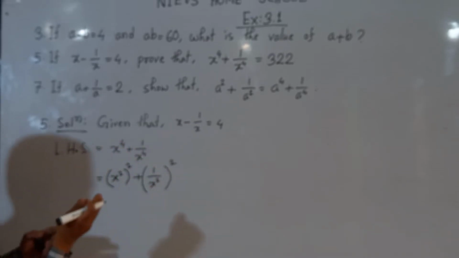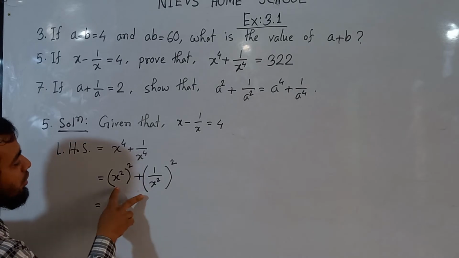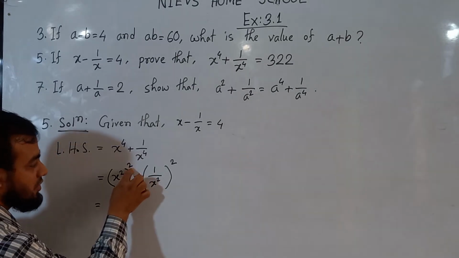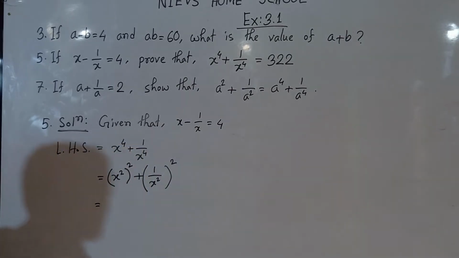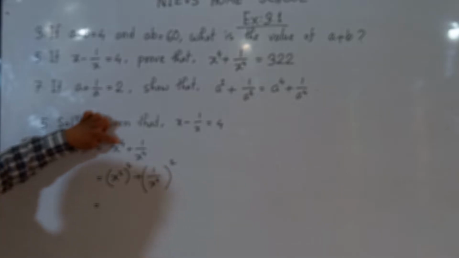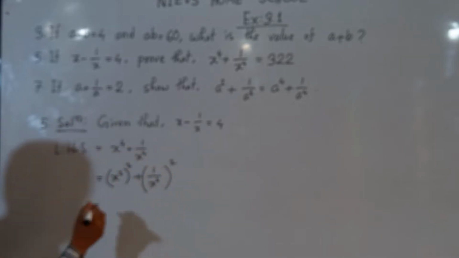Now we can create the corollary of a square plus b square. So we can apply the corollary 1 because we have the power 4. So we must use the corollary number 1 for this power 4 the first time. Okay.